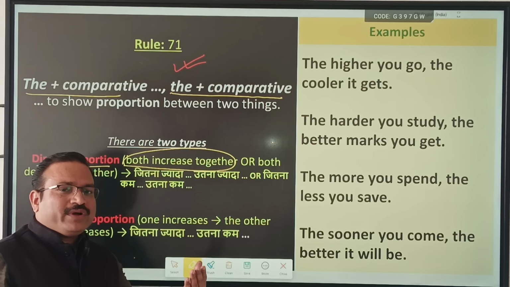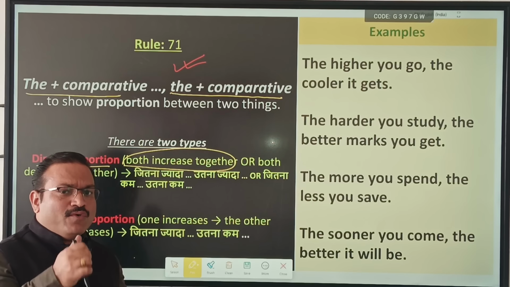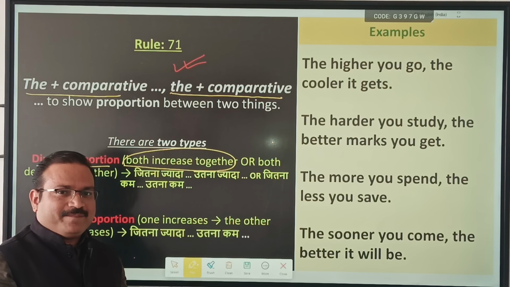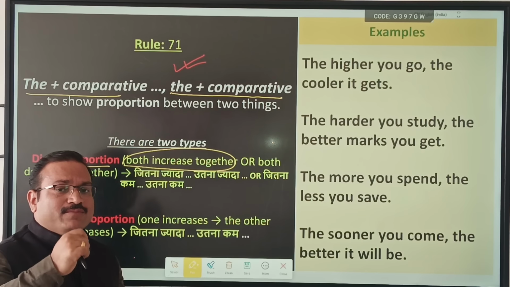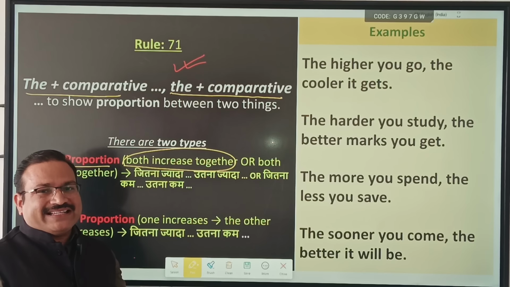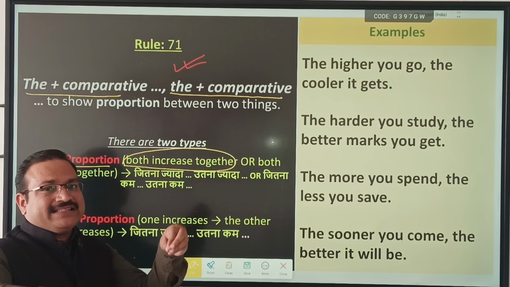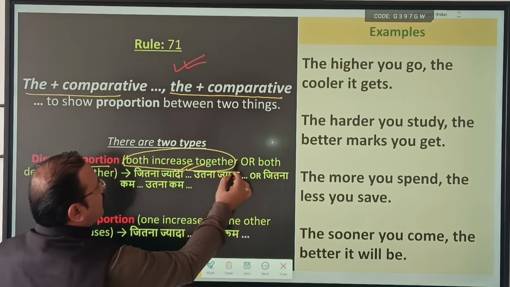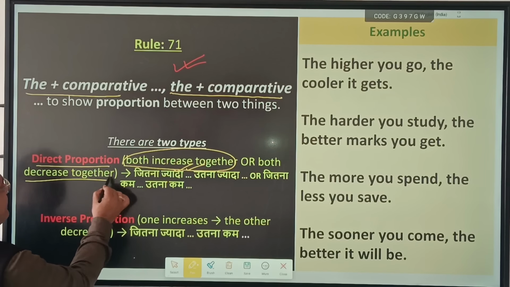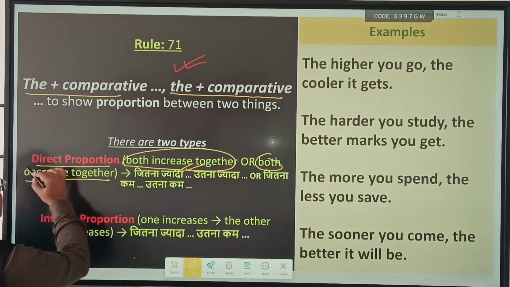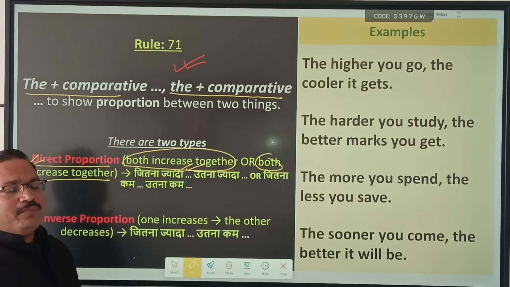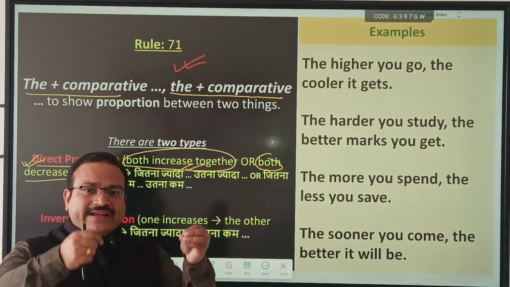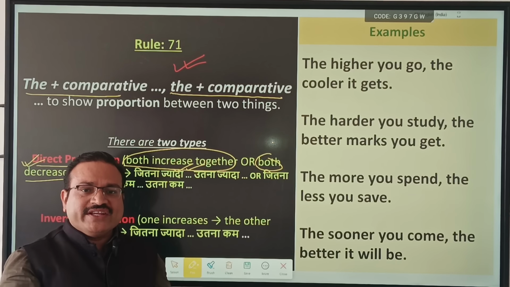Earlier there was an advertisement: the more Pepsi, the more cricket. The more you have Pepsi, the more you play cricket. So one is increasing, the other is also increasing. So both increase together or both decrease together. This is called direct proportion. Both increasing together or both decreasing together.